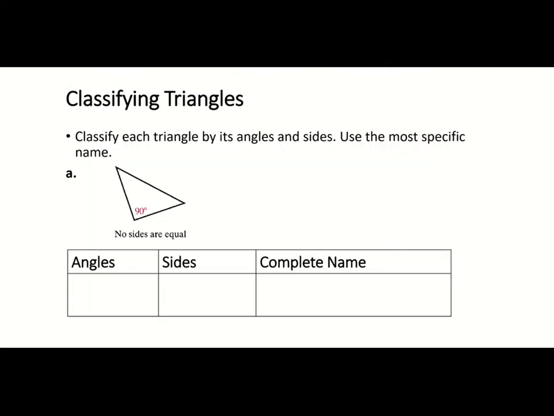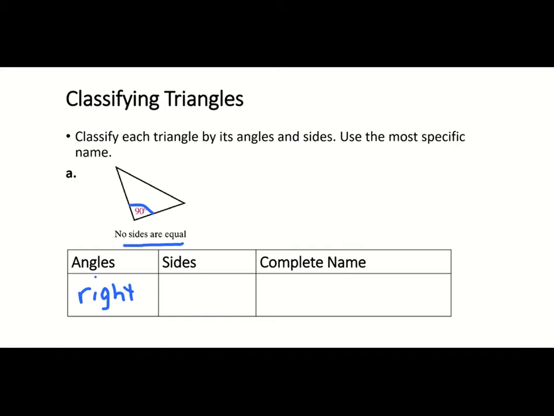So here they would like us to classify the triangle, and we can tell if we look at the triangle, we have a 90-degree angle because they marked it. So that tells us right away, if we classify it by angles, that it is a right triangle because it has a right angle or a 90-degree angle. And then if we classify it by sides, they didn't mark any of the sides equal, and they told us no sides are equal.